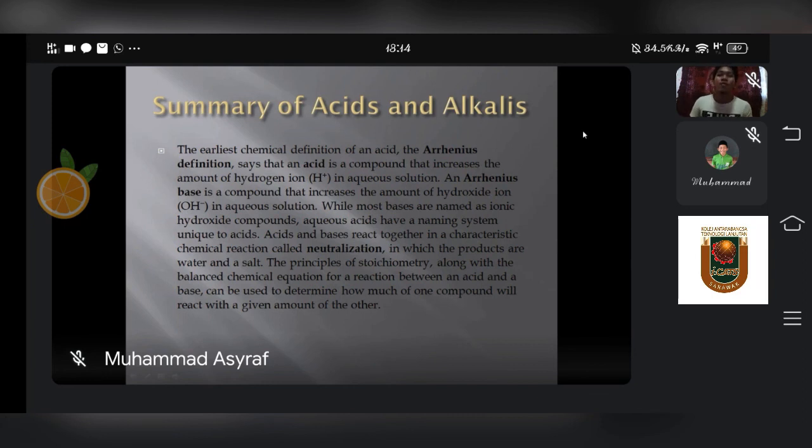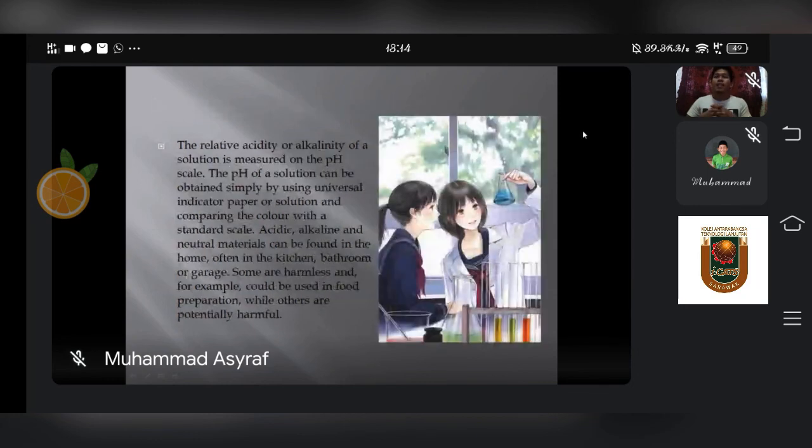The principle of stoichiometry, along with the balanced chemical equation for a reaction between an acid and a base, can be used to determine how much of one compound will react with a given amount of the other.